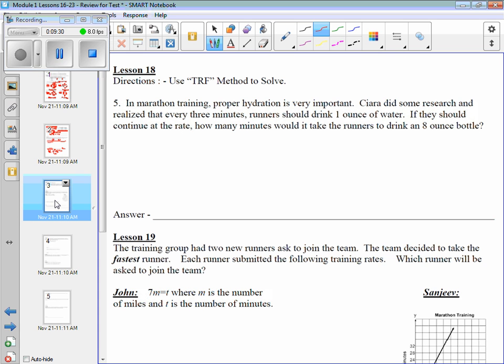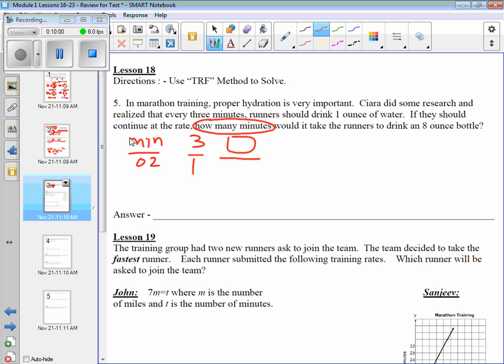Okay, moving on to number 5. TRF again is going to be minutes over ounces. And they tell us that every 3 minutes runners should drink 1 ounce of water. So that's a 3-to-1 ratio. If they continue at that rate, how many minutes? There's our keyword of what we're trying to find.